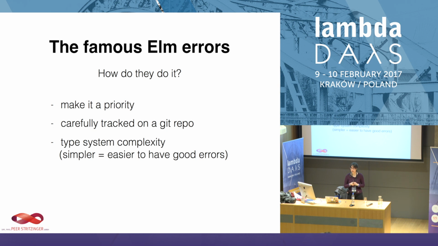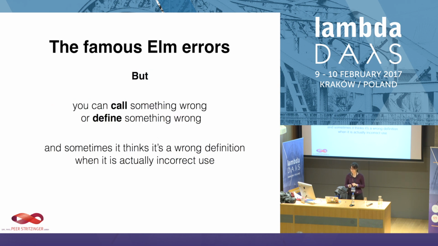They had a public Git repository to track strange error messages, and then they would fix them in the next compiler version. So a lot of effort went into it. And also, you have less type system complexity compared to something like Haskell or PureScript. If your type system is a bit simpler, it's easier to have good error messages.